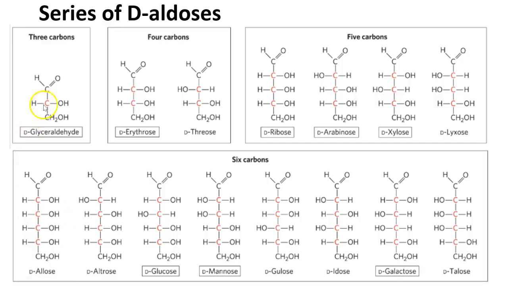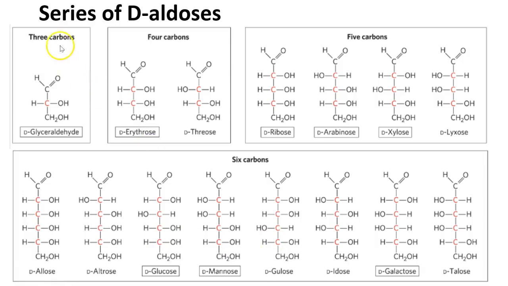And so right here you see with this carbon that dictates whether or not it's a D stereoisomer or L, all of these carbons have the hydroxyl group to the right. And so that's why these are all Ds.